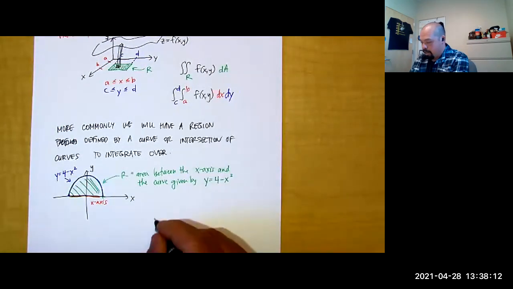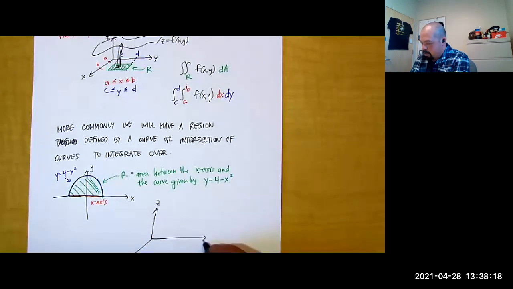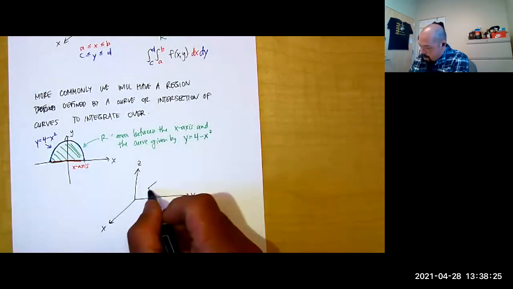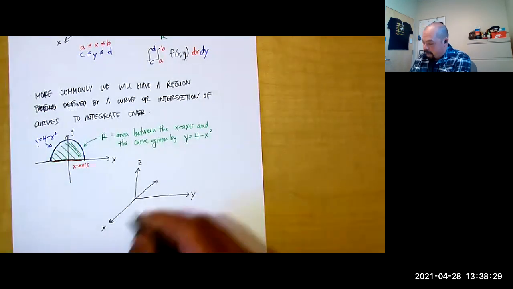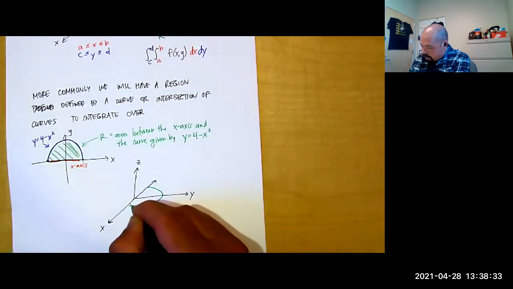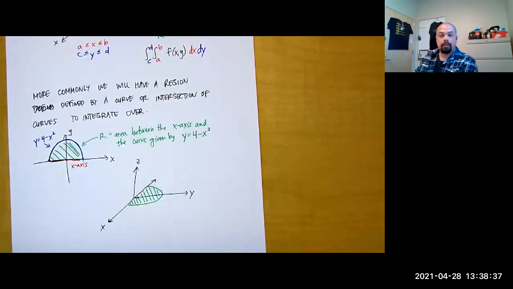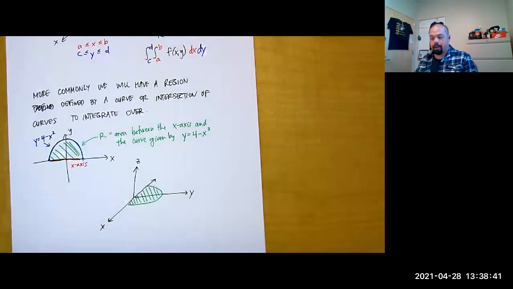And so then in our three-dimensional space, starting to incorporate that information, we would have our region like so. There's my parabola, I just shifted it down.